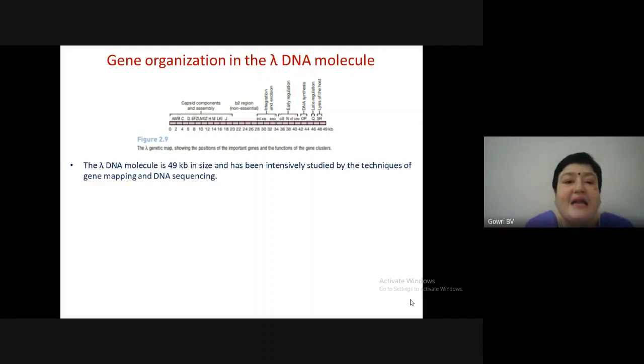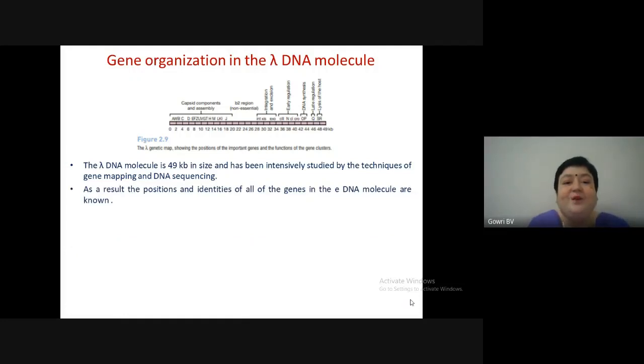The lambda DNA molecule is 49 kilobase in size and has been intensively studied by the techniques of gene mapping and DNA sequencing. If you look in the picture now, you start with 0 and end with 49, right? So the lambda DNA molecule is 49 kilobase in size.